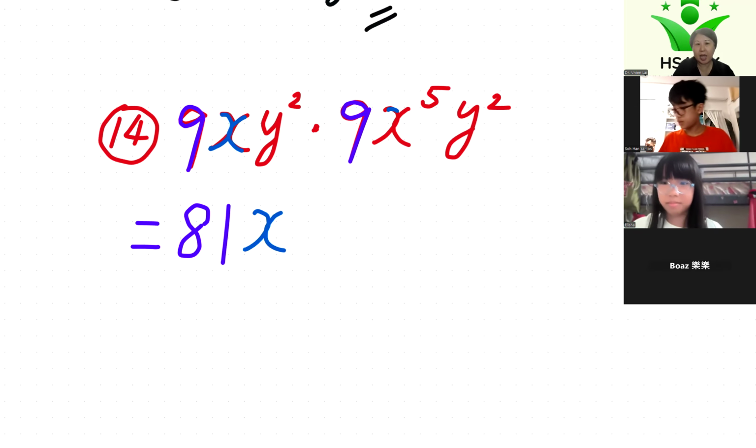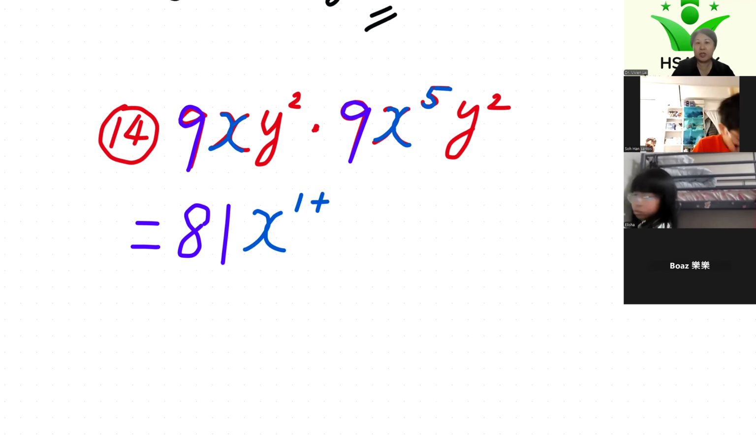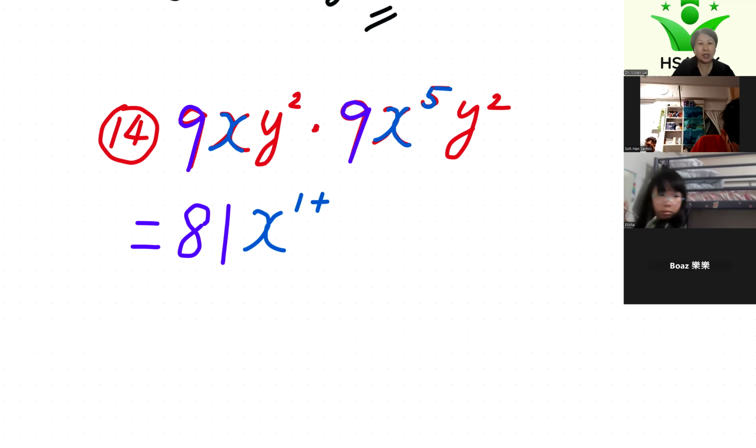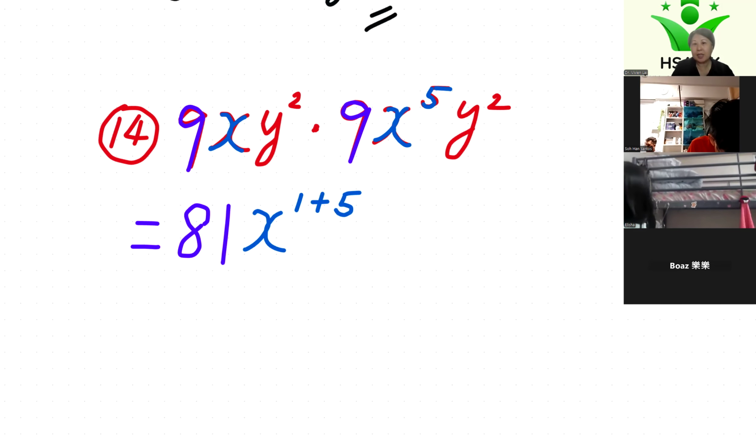Remember here is hiding a 1, so 1 plus 5. Okay, and then now we go for the y in red color. Y, here the second power plus the second power, also the second power.